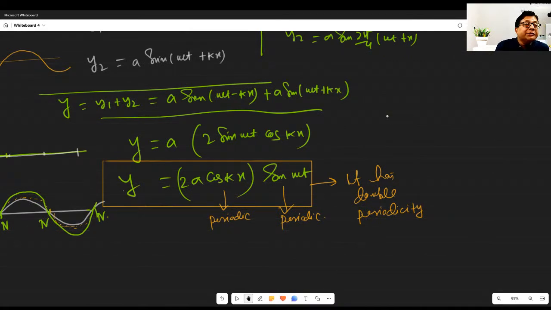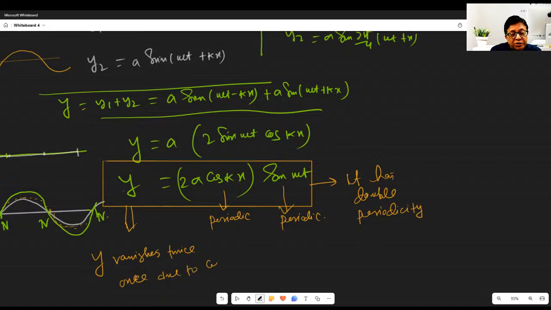In the language of physics, you can say that on the left-hand side, y vanishes twice. Once due to cos kx, and then due to sin omega t.